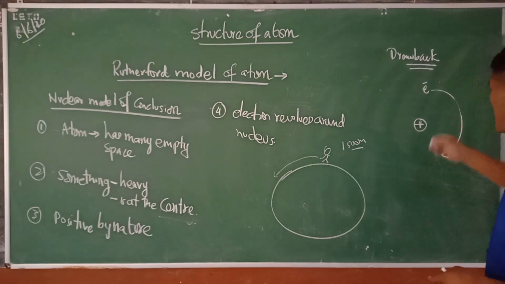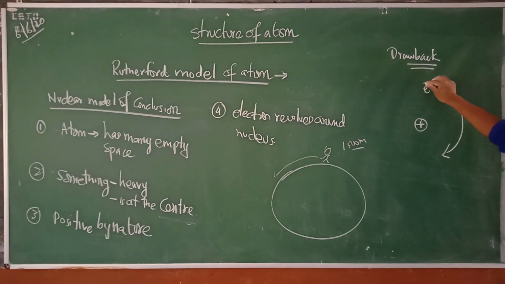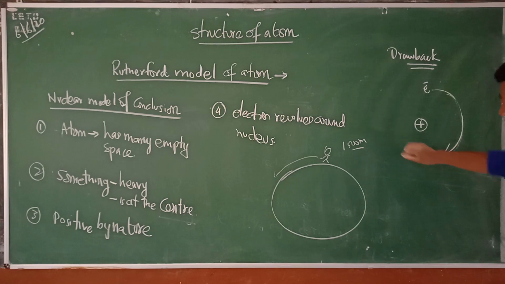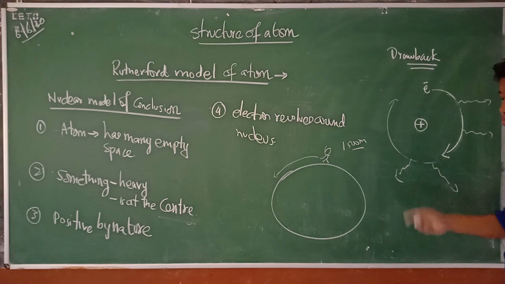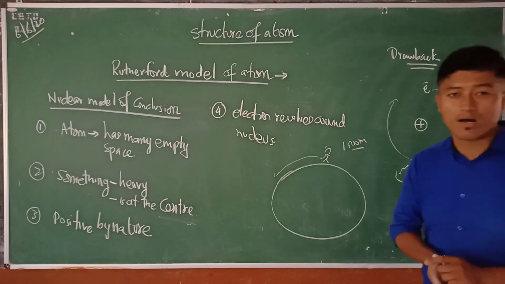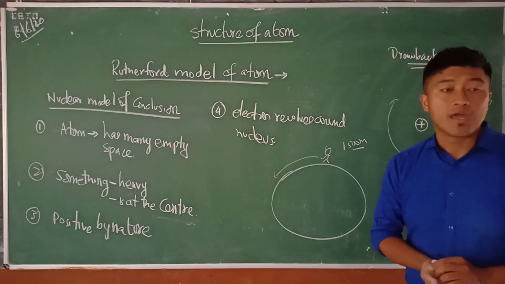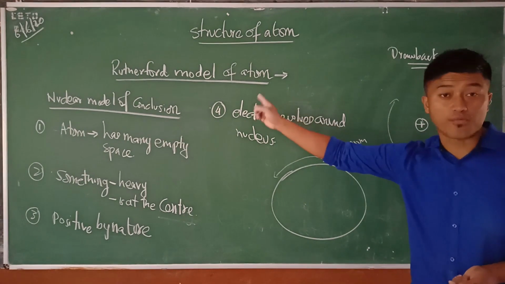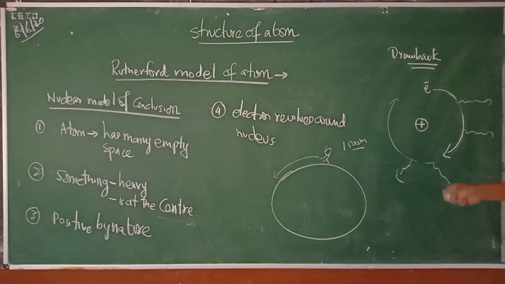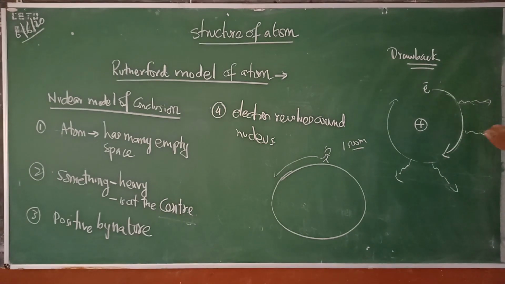In a similar way, the electron is negative by nature. So when the electron is revolving around the nucleus, it is also losing energy. This was the accusation made by other scientists about the Rutherford model of the atom.